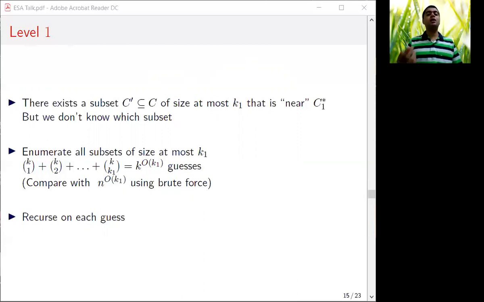Notice that if we started from scratch, the number of subsets would have been n to the order K1. So just by computing this intermediate 2 approximation to K center, we have cut down the number of recursive calls from n to the order K1 to K to the order K1. And this is going to be a general idea even later on.